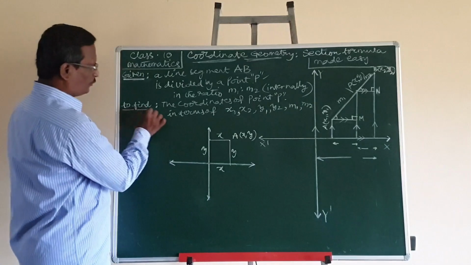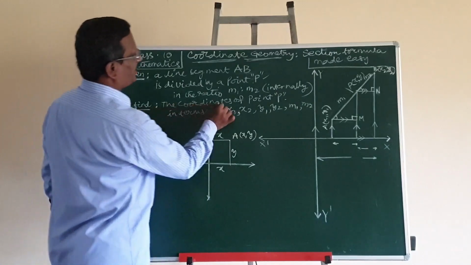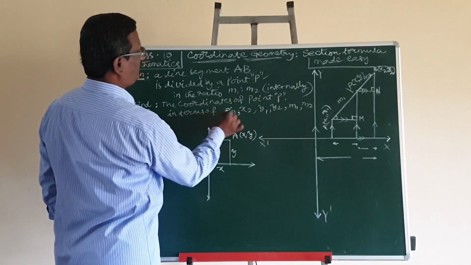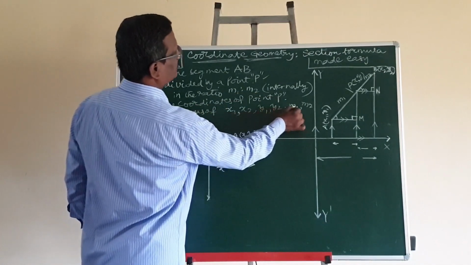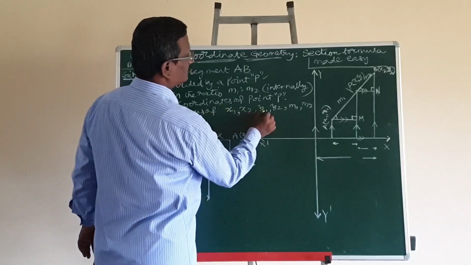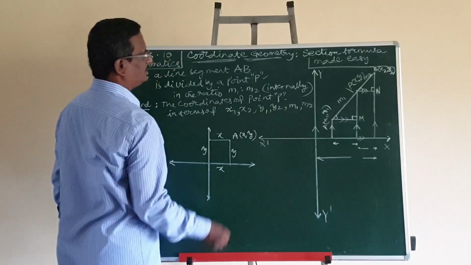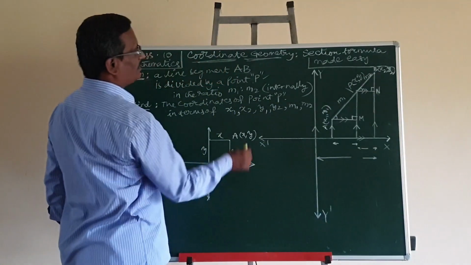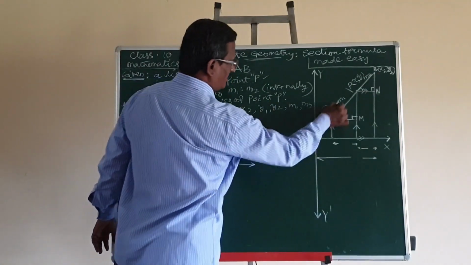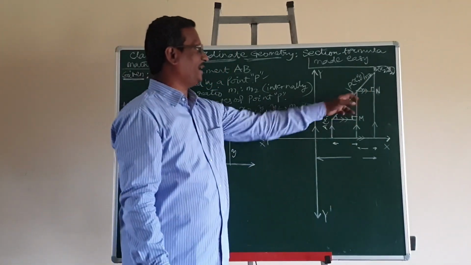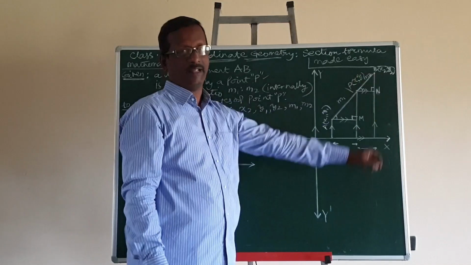Next, we have to find the coordinates of point P in terms of x1, x2, y1, y2, m1, m2. x1, y1 are the coordinates of point A, x2, y2 are the coordinates of point B, and m1 is to m2 is the ratio in which point P is dividing the line segment AB.